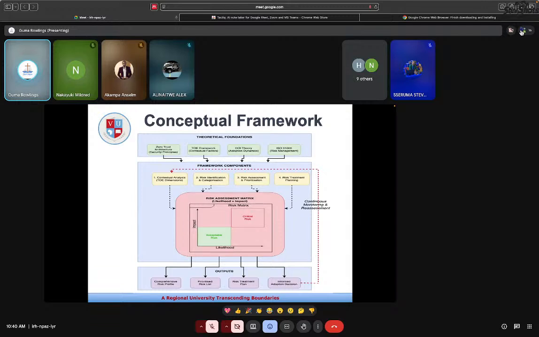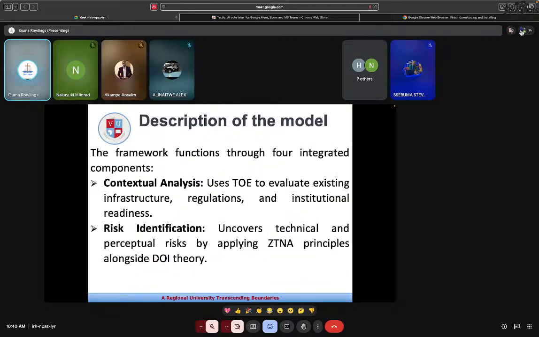So those adoption decisions are our dependent variables. So the description of the model is what I've been talking about already. We talked about contextual analysis, risk identification, risk assessment and prioritization, and then the risk treatment planning.